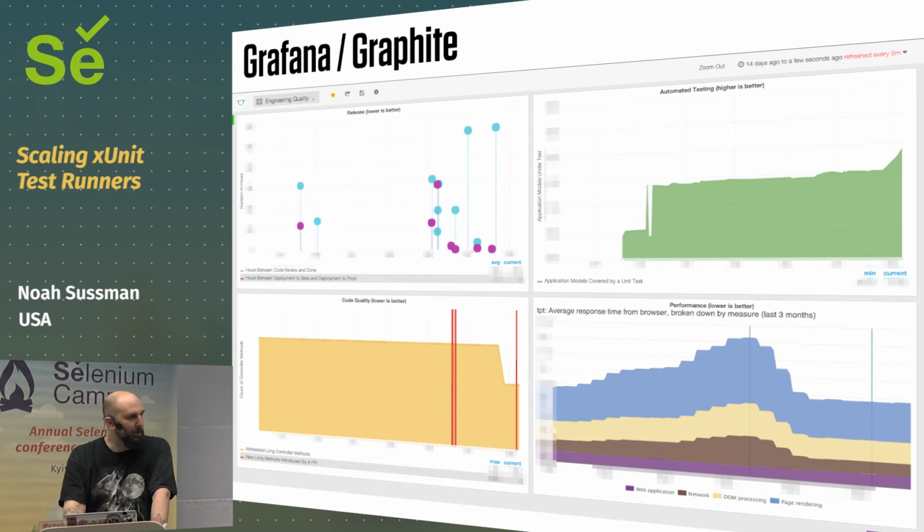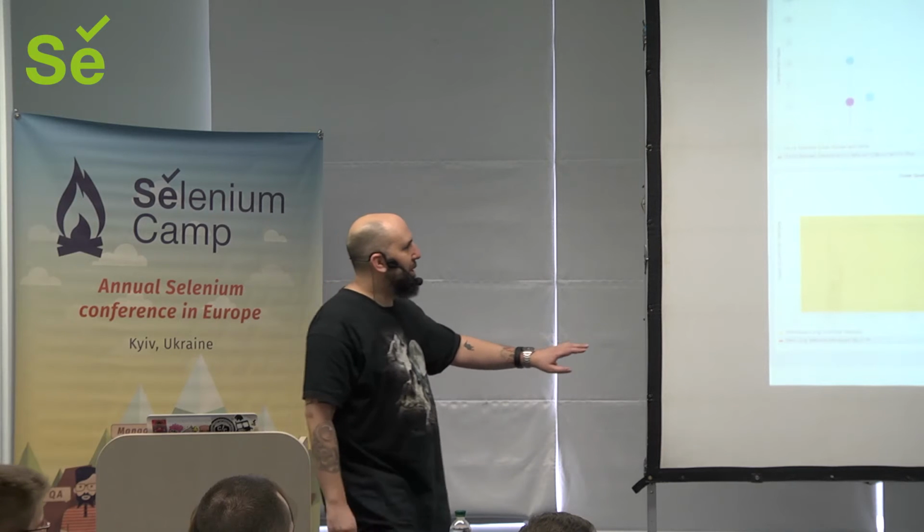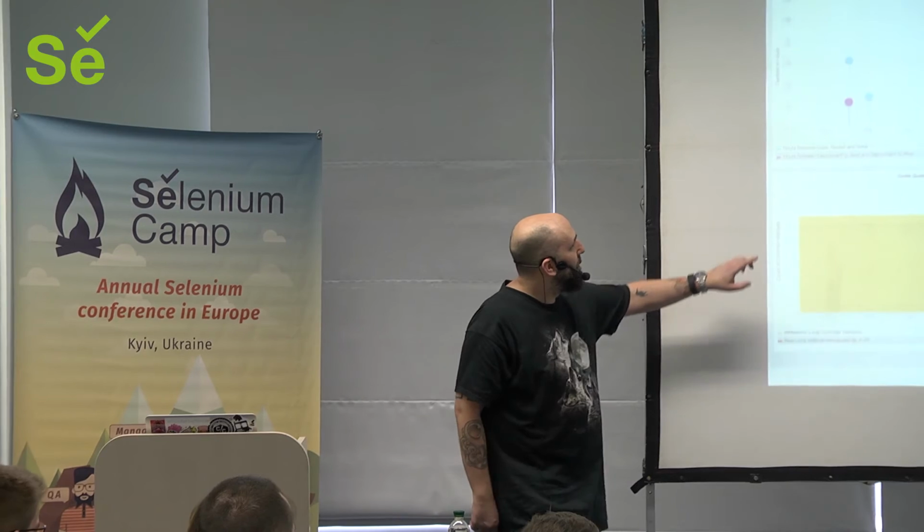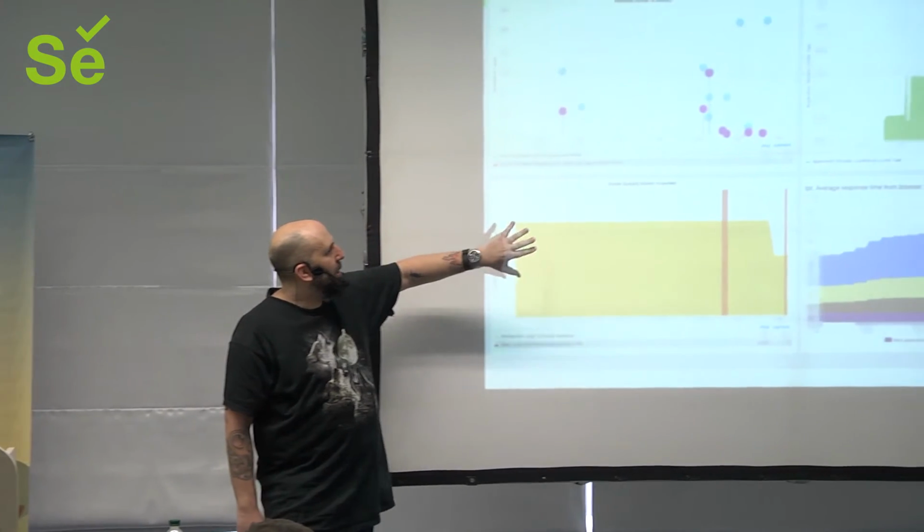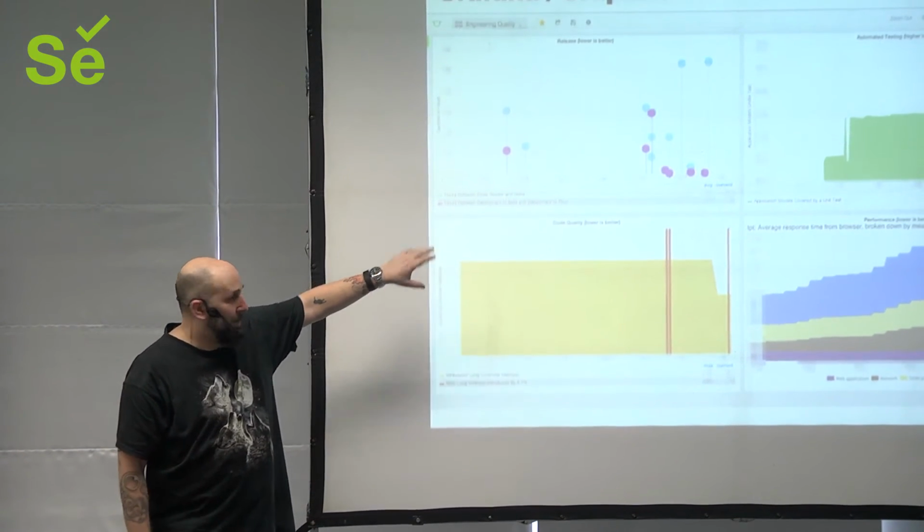So here's a graph that I have at Teachers Pay Teachers where I work right now. I think you can't actually read it, but that's okay. Let me just talk through this. I made all of these graphs using Grafana.